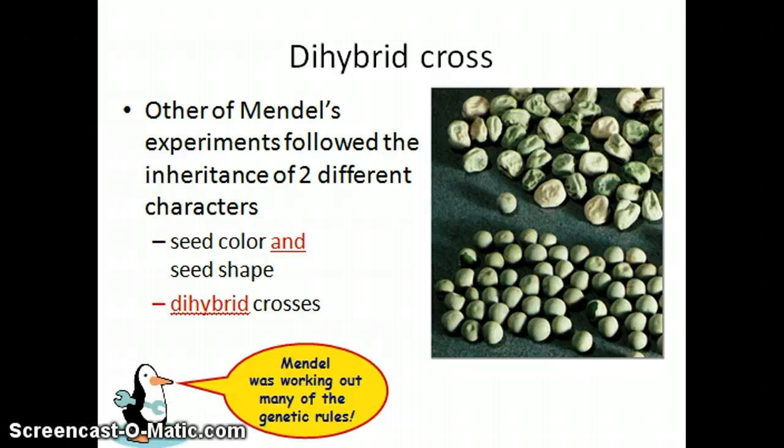But more complicated, and what you should be able to look at and calculate, is a dihybrid cross. So Mendel actually did dihybrid crosses where he followed the inheritance of two different characters. So he would look at seed color and seed shape at the same time. And this is called a di, or two, hybrid cross.